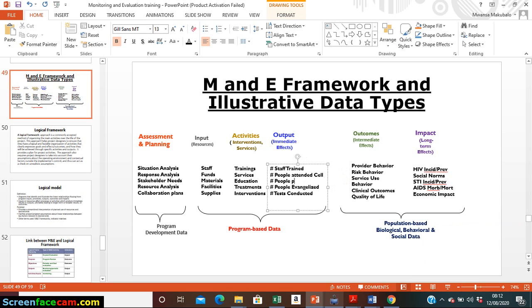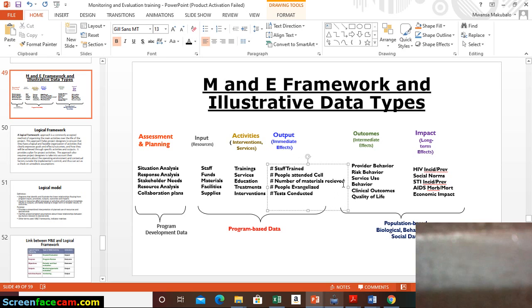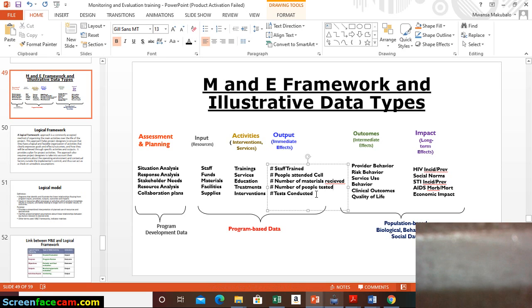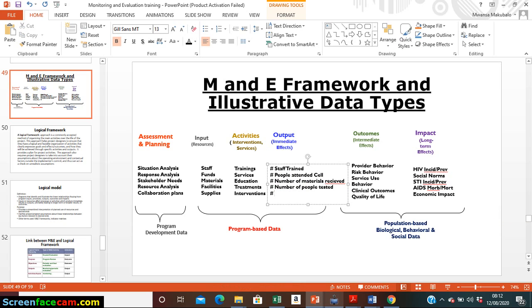These are just examples. This was based on an example from my church, but here we can say number of materials received. For facilities or treatments, for us, you could say number of people tested. Then supplies and interventions.